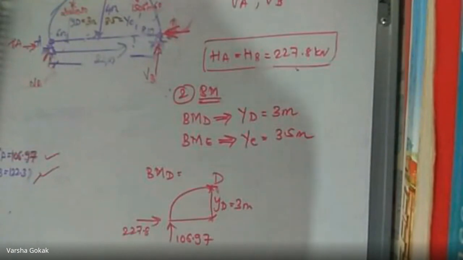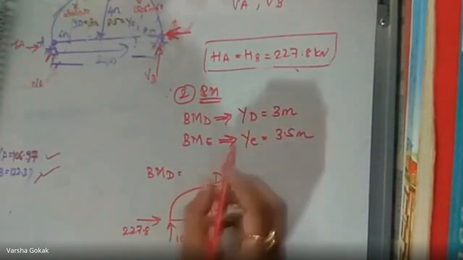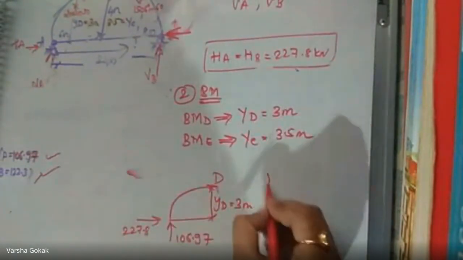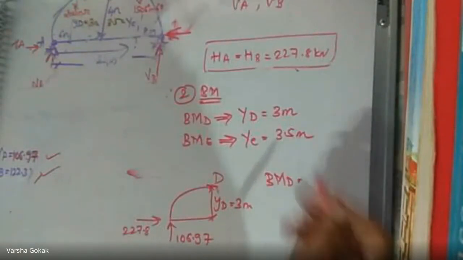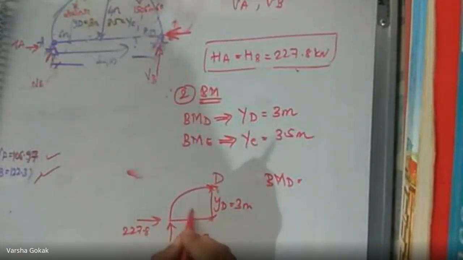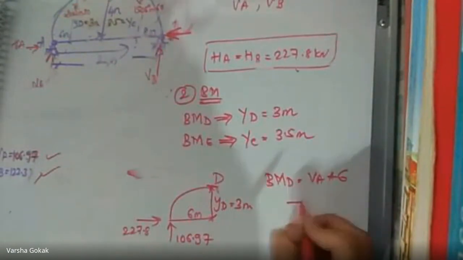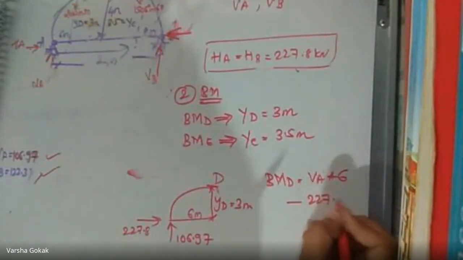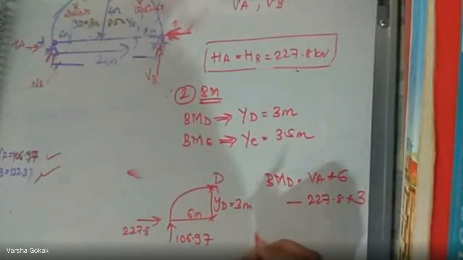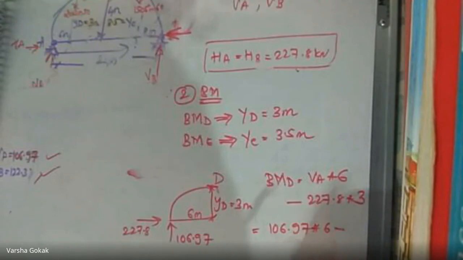So how do we write the bending moment equation? Bending moment at D is given by VA into, this is 6 meters, so VA into 6 minus 227.8 into 3. So VA is 106.97 into 6 minus 227.8 into 3.